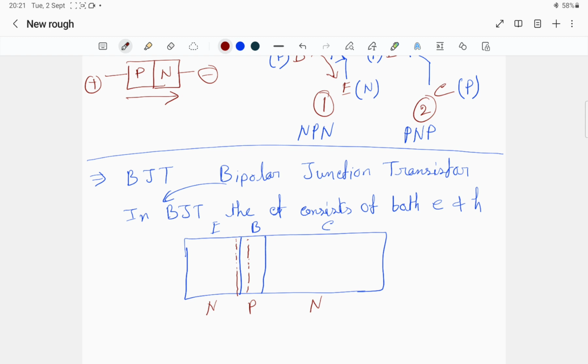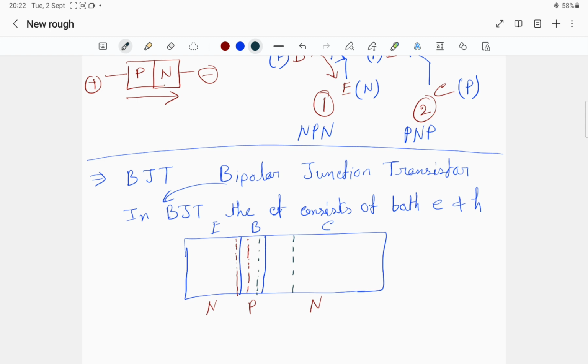So as doping concentration of emitter is greater than base, that means depletion width would be higher in base and relatively lower in emitter, right? Same thing will happen between base and collector, but in this case, as collector has very less doping, the doping concentration in base would be much higher than that of the collector, right?